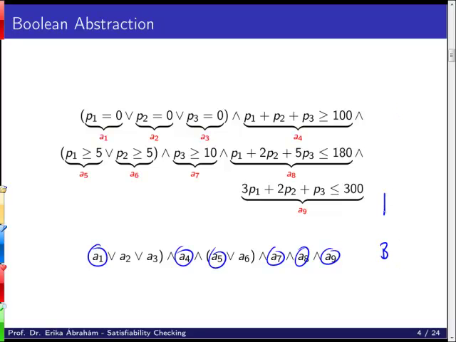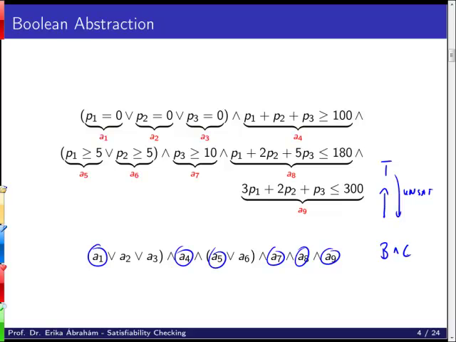If I find a solution, then I make a theory check, and if it is unsatisfiable, then through this communication I add a new clause which refines the abstraction. That means it encodes the reason why this combination of the theory constraints was not satisfiable.